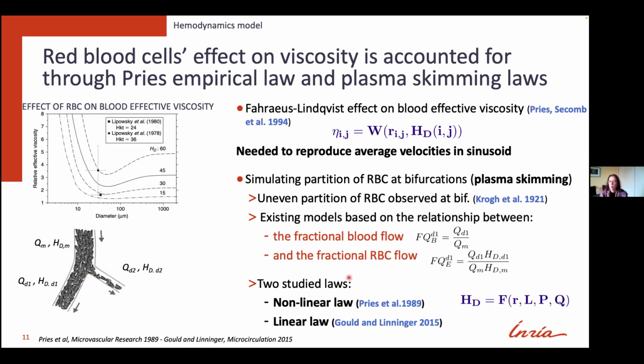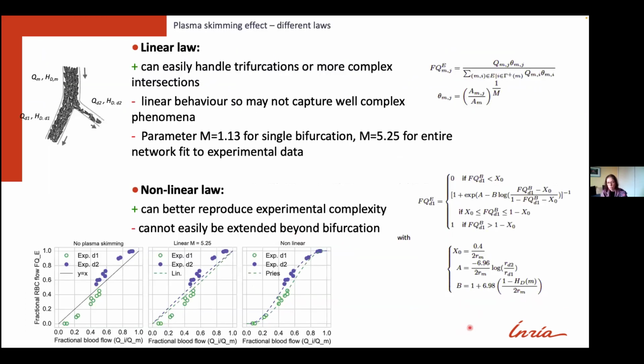This has been described by a nonlinear law by Pries et al., or by a linear law by Gould and Linninger more recently. So the advantage of the linear law is that it can easily handle trifurcations or even more complex intersections.